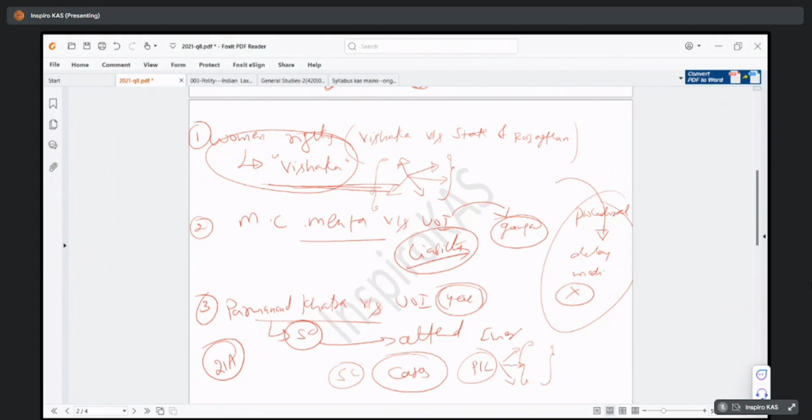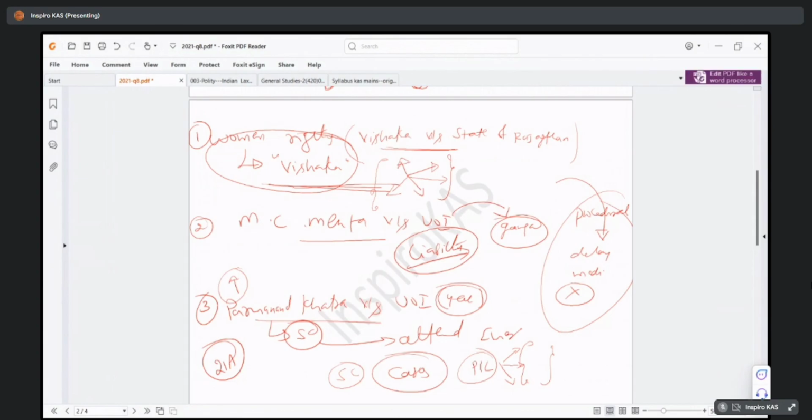Without knowing about the Vishaka guidelines, we cannot proceed with women rights. Without knowing about the golden hour, as we say, we cannot proceed. So these kinds of cases students would have heard somewhere or the other. Using that idea or concept, convert that into an answer and present it in a decent manner.